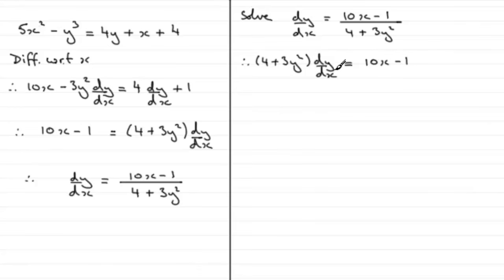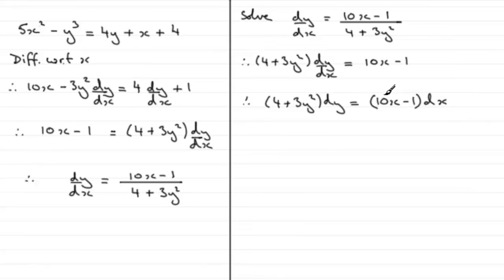Now for the next stage, it's as if we would multiply both sides by dx. We're not really doing that strictly, but if we did, then it would be 10x minus 1 times the dx. So we'd therefore have 4 plus 3y squared dy equals 10x minus 1, and that's with a dx there.